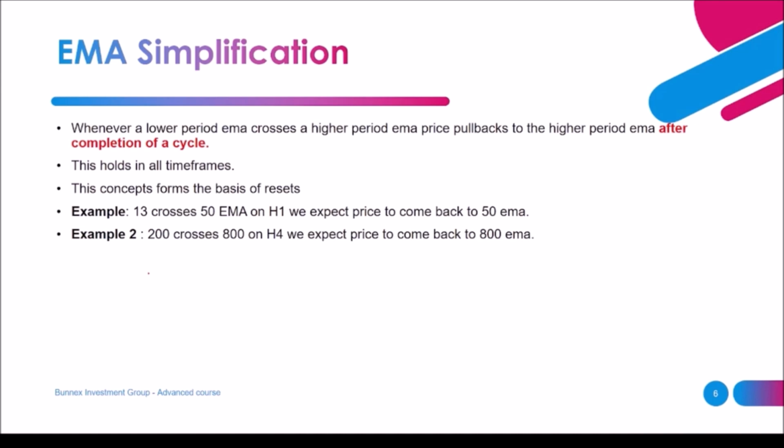So the EMA simplification theory states that whenever a lower period EMA crosses a higher period EMA, price pulls back to the higher period EMA after the cycle has completed. So what do we mean by this? We defined levels in our previous lectures.